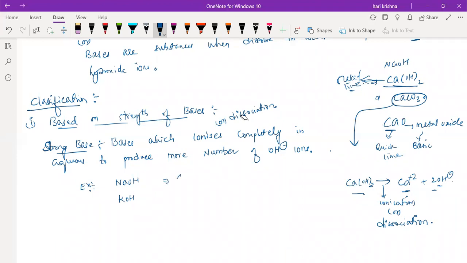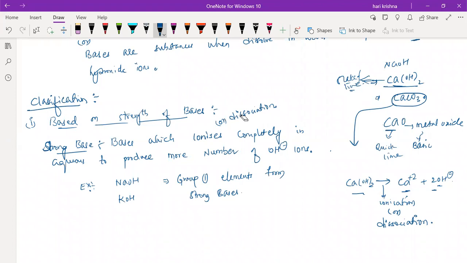Simply you can say group 1 elements will form strong bases. Francium OH, FrOH. Calcium is also okay, but group 1 means lithium, sodium, potassium, rubidium, cesium. These will form strong bases.